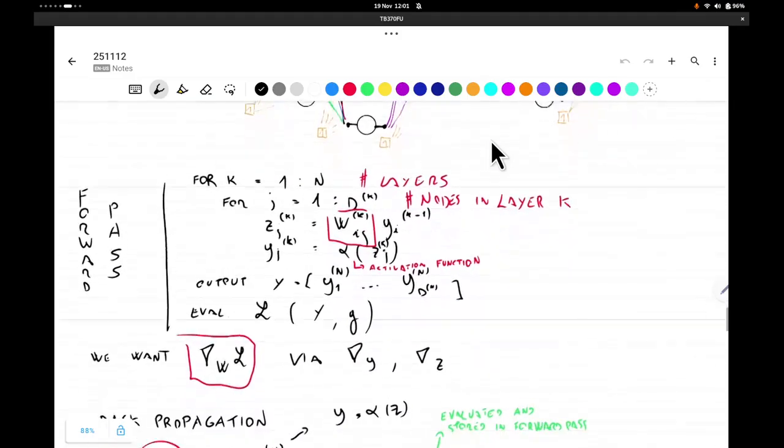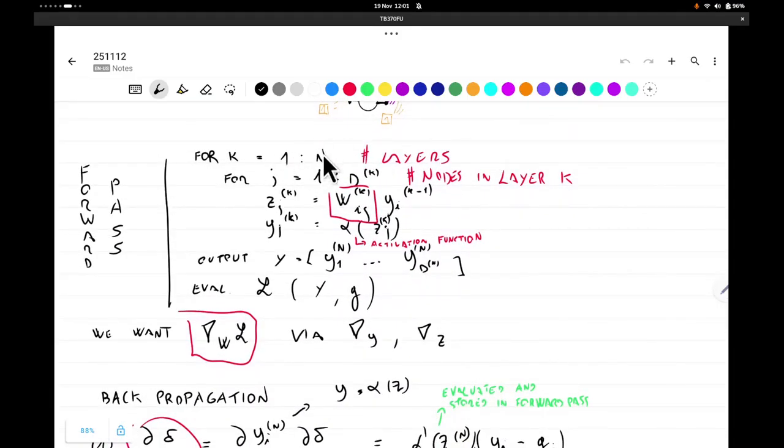So we go over layers from 1 to n, and for each layer we go over all the nodes, where j is the index of the node and k is the index of the layer. For each node in the layer, we first do this affine transformation by means of the weights, and then we calculate the activated transformation of these z's. This is done over all the layers, and at the last layer we have an output that is these y's of the last layer.